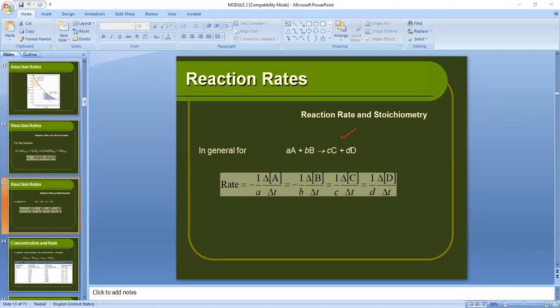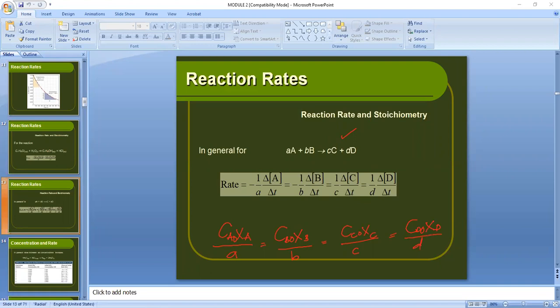Now, in kinetics, we discussed that the amount of A that has reacted divided by the coefficient of A in your stoichiometric equation is equal to the amount of B that has reacted divided by its coefficient as well, equal to the amount of C that was formed, because C now is a product, divided by C, and same thing with the D. This is fundamental, and you should remember this.